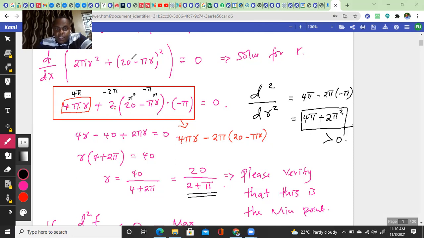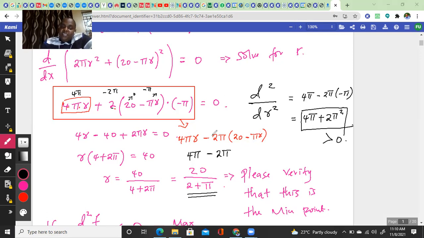And then now I differentiate. This becomes 4 pi. I think you don't have a problem there. But now when we come to this one, we have the constant 2 pi. We keep it, right? And then we need to find the derivative of what we have in the brackets, 20 minus pi r. Why are we keeping the minus 2 pi as a constant?